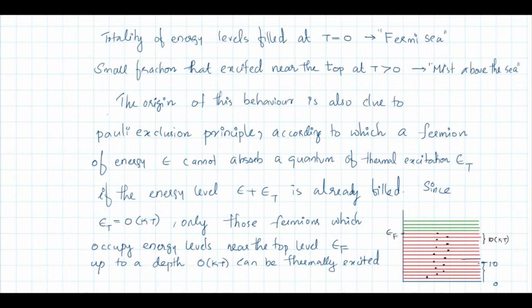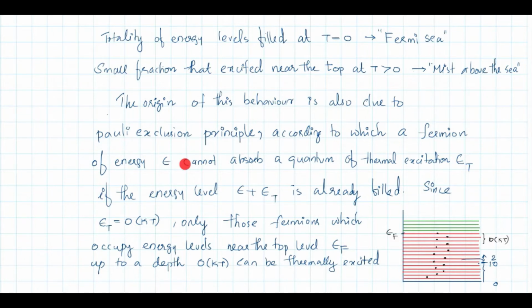If it absorbs a quantum of energy 2, it has to go to this state. But that state is already occupied by one fermion, so it is not possible to seat a second. The Pauli exclusion principle doesn't allow that.